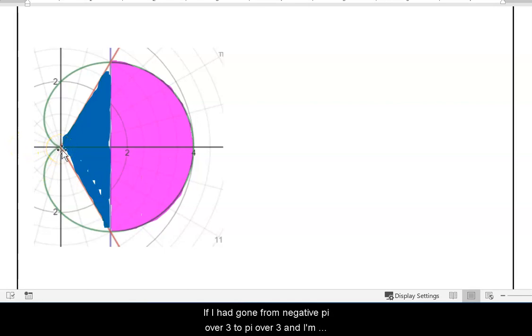If I had gone from negative pi over 3 to pi over 3, and I'd taken this entire arm and swept it backwards, do you see that it would have in fact included this blue region? In other words, the blue region got included in the area because that is what the radial line from negative pi over 3 to the radial line at pi over 3 sweeps out as it goes in this direction.